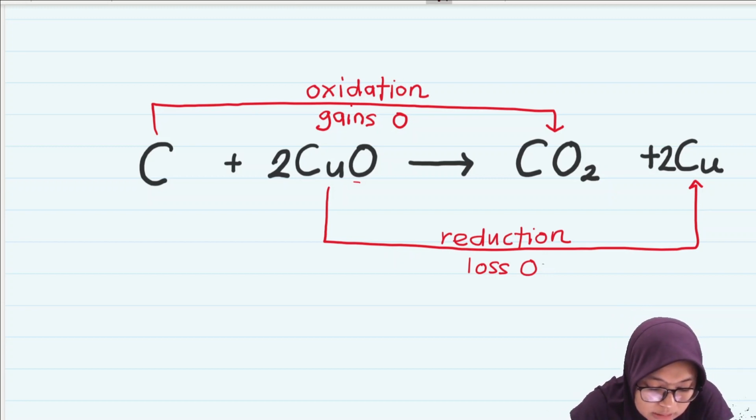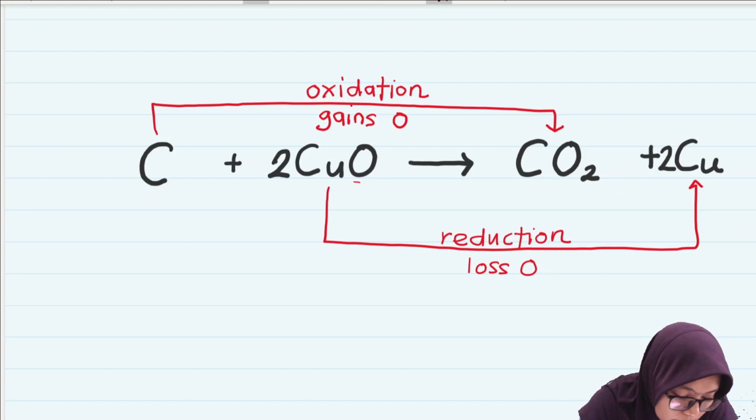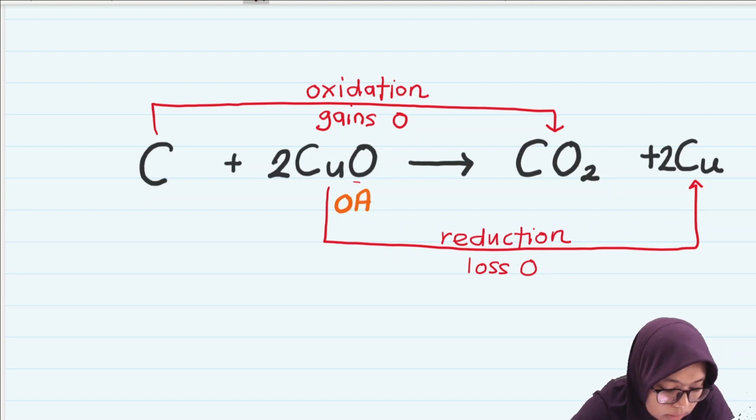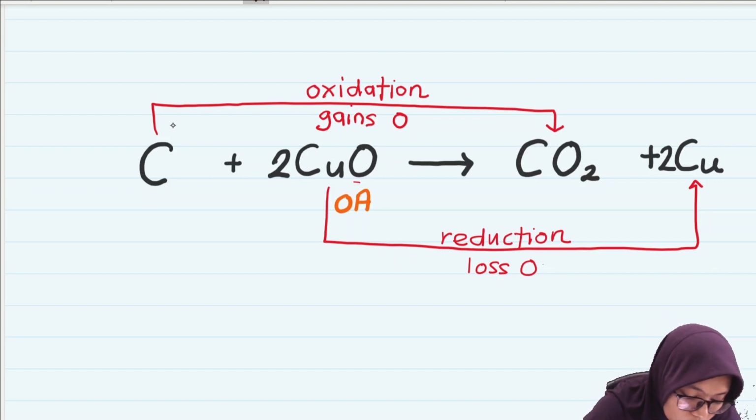The oxidizing agent is the substance that oxidizes carbon. So in this case, copper oxide is the oxidizing agent. The carbon reduces copper oxide to copper, so carbon is the reducing agent.